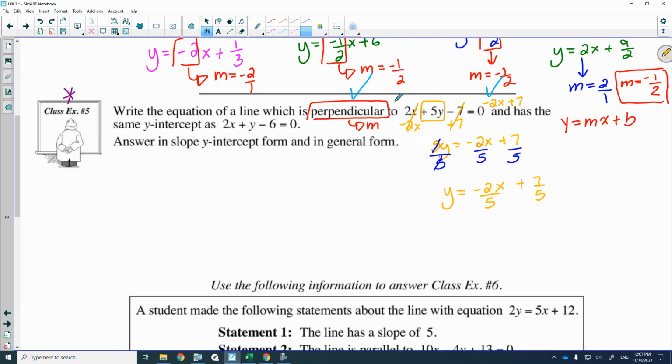We're going to create a new line that's perpendicular to this. So if we are going to create a new line that's perpendicular, I need to know what this slope is. Negative 2 over 5. What will my new slope be?